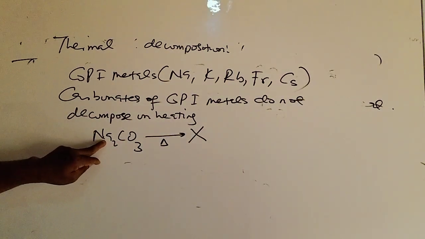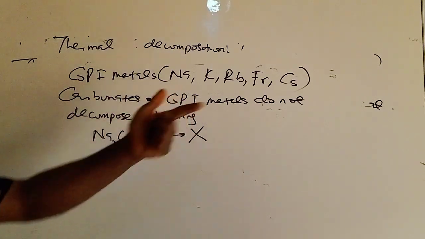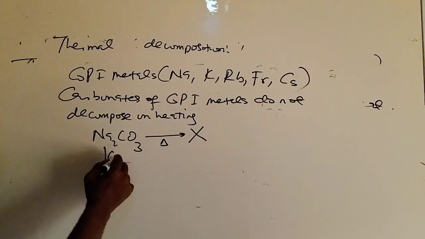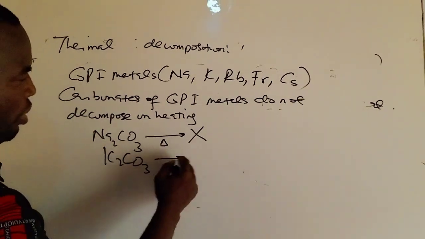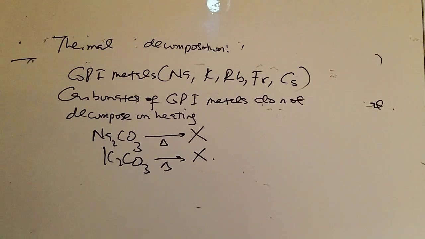They are highly electropositive, so it will not let go of carbon nor oxygen. If I heat potassium carbonate from now to tomorrow, there will be no product. If I heat rubidium carbonate, all the group 1 carbonates, they do not break down. But those of group 2 and divalent metals, their carbonates give you the oxide and CO2.